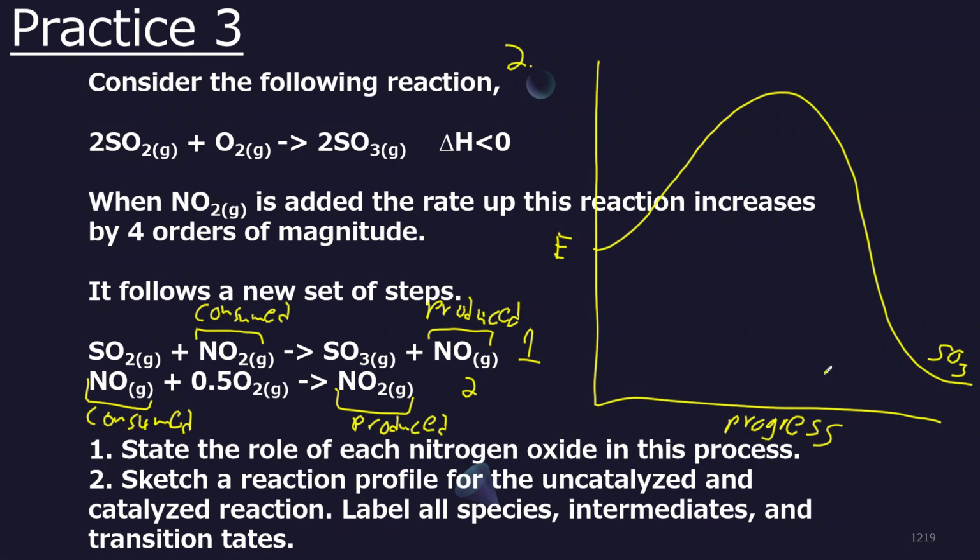I'm going to use just 1 mole of SO2 so that I can compare with the catalyzed version. So SO2 plus 0.5 O2 goes to SO3. That's our uncatalyzed. We will have a transition state here.